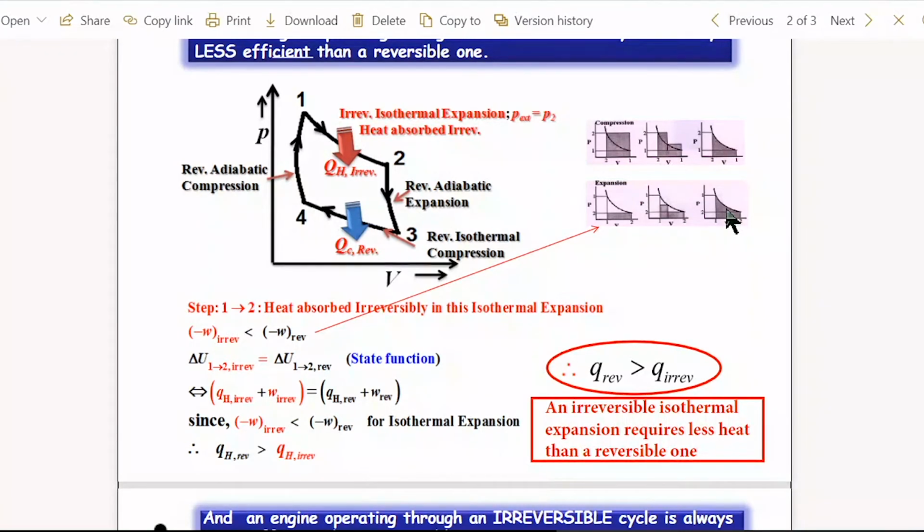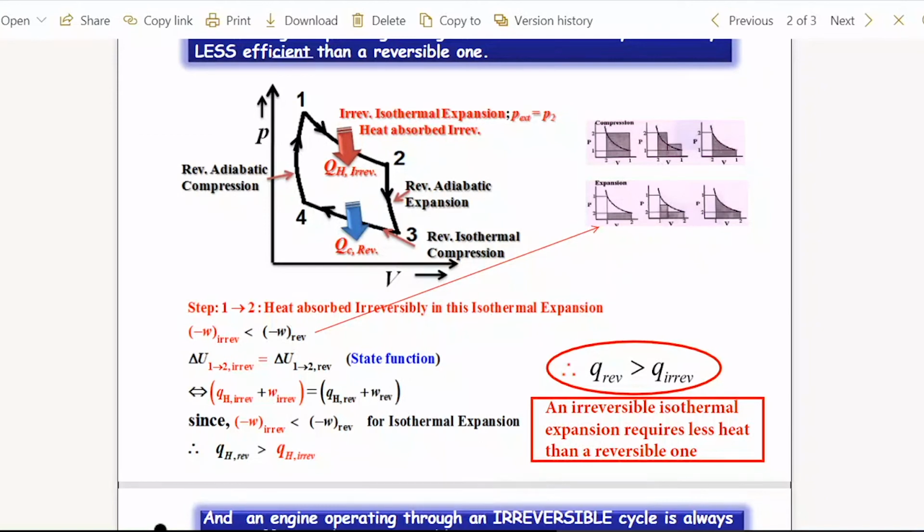Okay, and what we see here, if I look at the expansion, expansion means the system is doing work. If the system is doing work, that means work is negative. What you see in the expansion, the reversible work is going to be much more than the irreversible, right? So suppose I have this step 1 to 2 as heat absorbed irreversibly in the isothermal expansion.